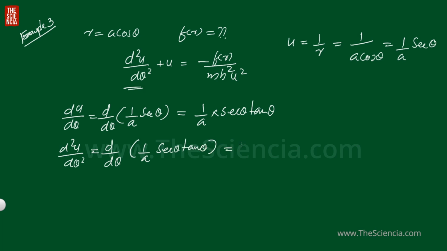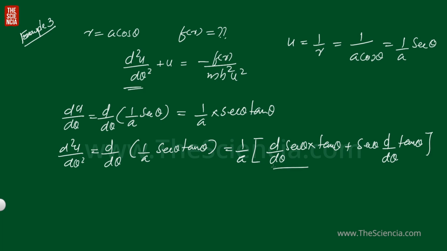That is equal to, we can take 1 by a outside into d by d theta of sec theta into tan theta plus sec theta into d by d theta of tan theta. I think you know this derivative, that is d by d theta of sec theta is sec theta into tan theta, and d by d theta of tan theta is sec square theta.